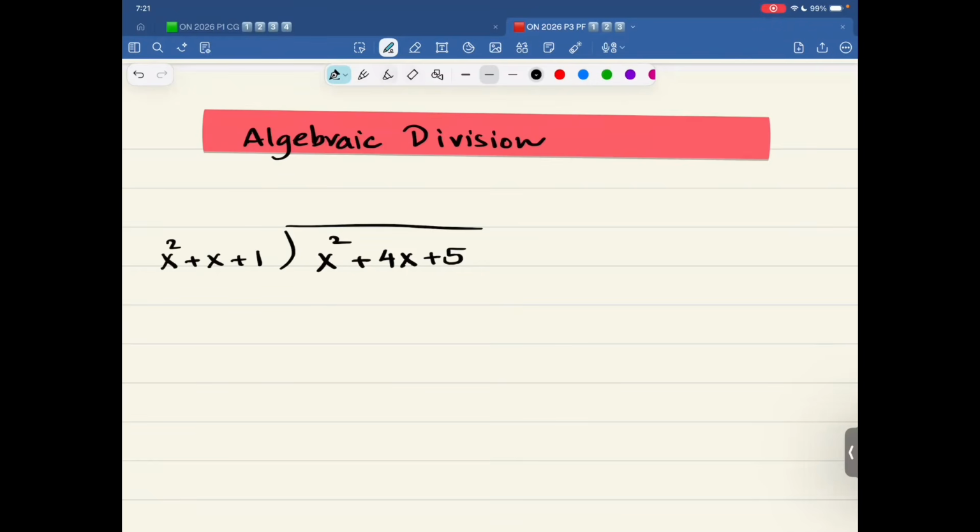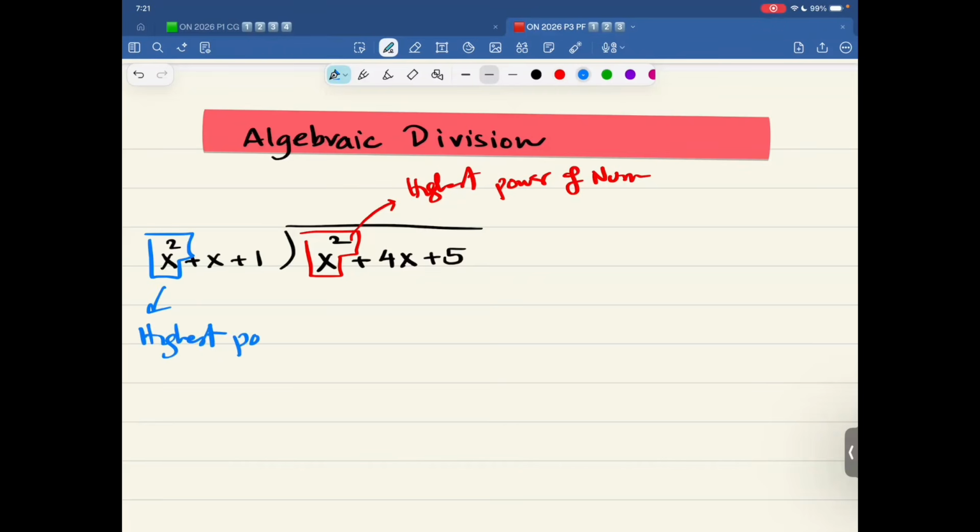So now the decision is taken by the highest power of the numerator. This is the highest power of the numerator, and this one is the highest power of the denominator. And we are just practicing algebraic division.